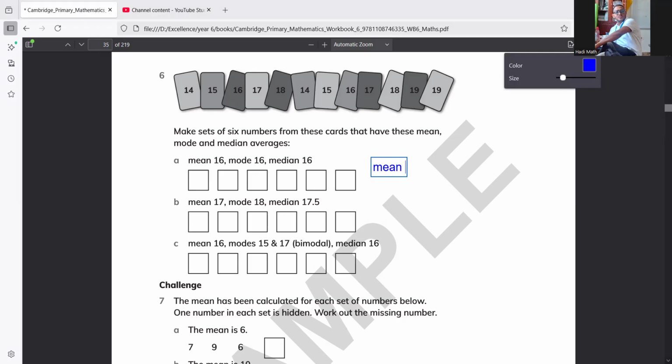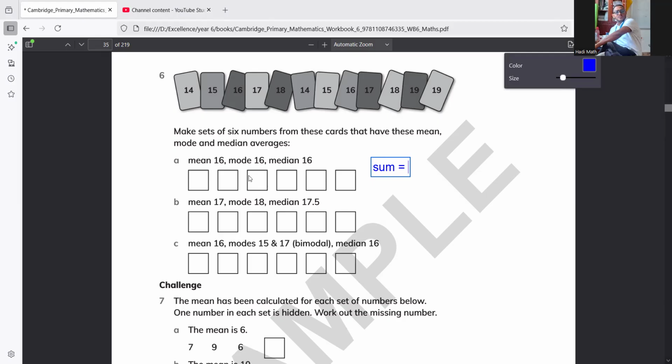If I say the mean equals 16, that means you can find the sum of the 6 numbers: this number plus this one plus this one plus this one plus this one plus this one. When we divide them by 6, they will give us the mean.